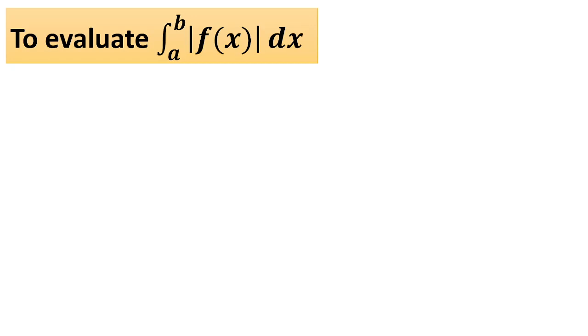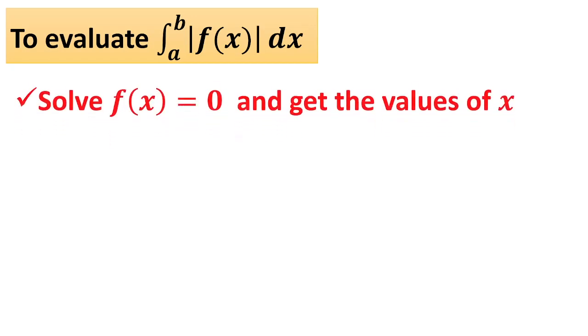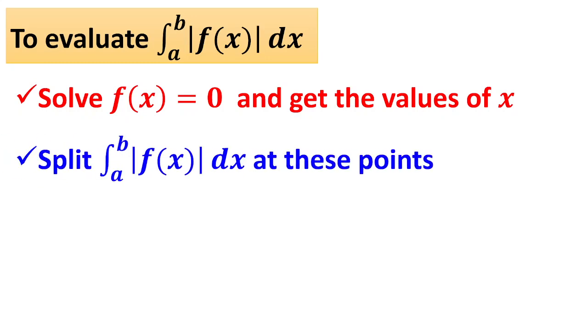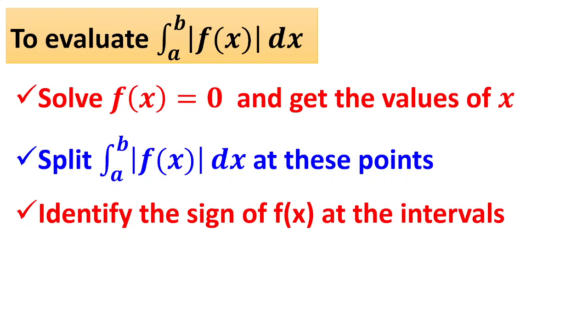All of you know, when a function is defined inside a modulus, it will behave in a way based on whether that f of x is greater than 0 or less than 0. How to do it? You have to solve f of x is equal to 0, get the values of x, split the integral a to b at these points and identify the sign of f of x.